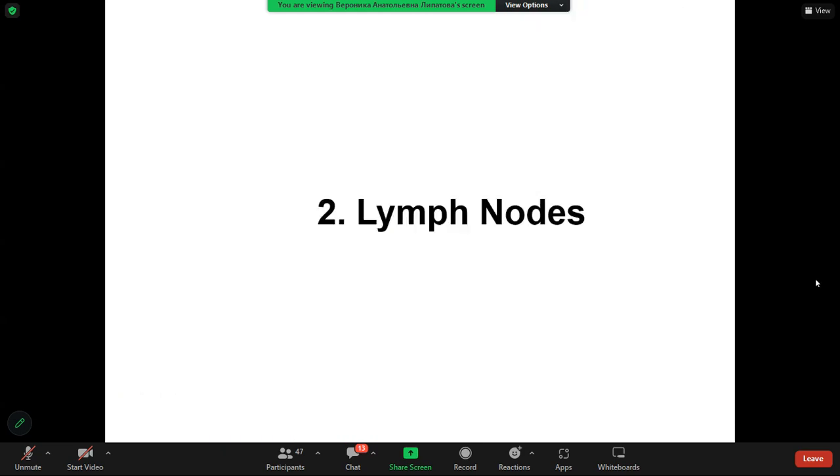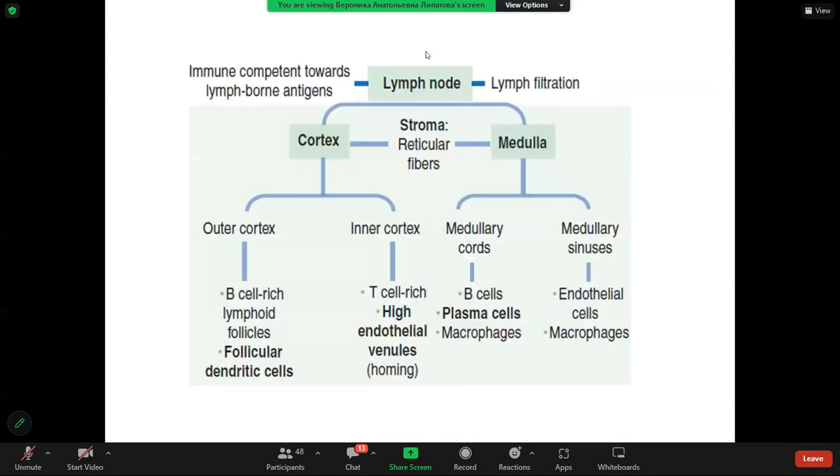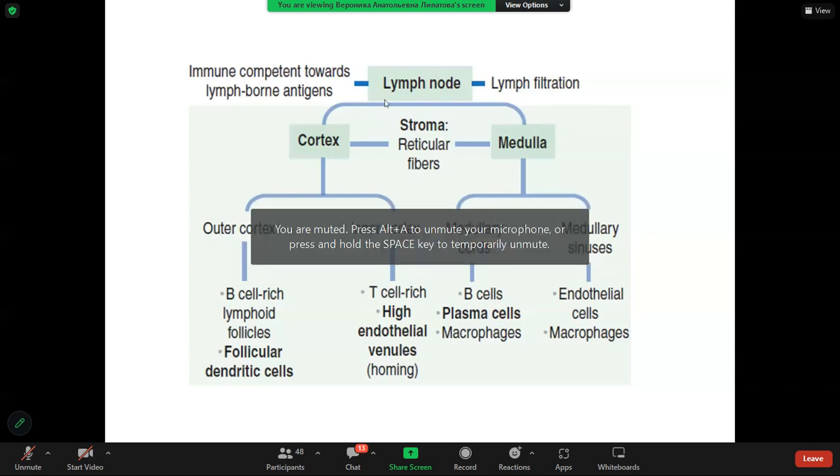The structure of lymph nodes. First of all, this is a scheme of the structure. The lymph node is immune competent towards lymph-borne antigen, and a filter of lymph. I said to you, stroma, reticular fibers, and the structure into cortex and medulla.